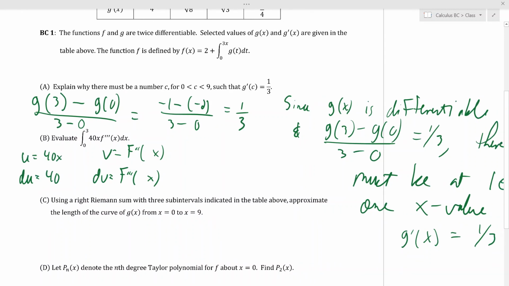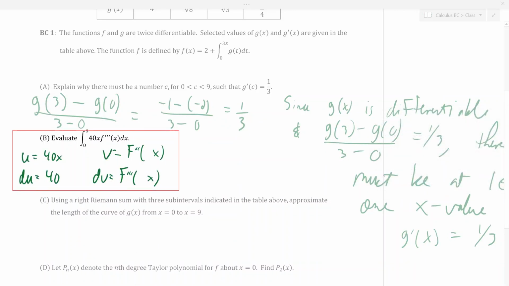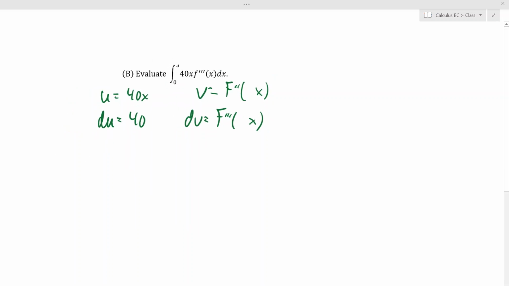So that means that integral is going to become, and I'm going to move this over to give myself a smidge more room. Boom. Okay. So that makes this integral become v times u, which is 40x times f double prime of x, minus the integral of v du, which is 40 f double prime of x.